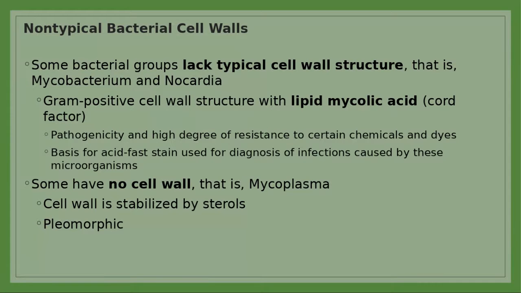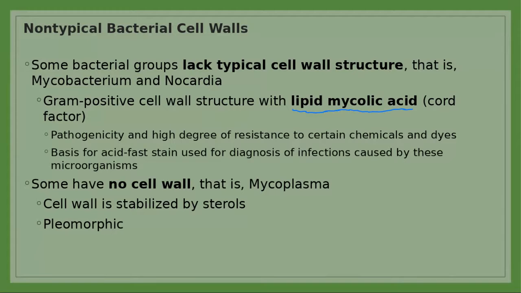For example, TB bacteria, tuberculosis bacteria. They do not have peptidoglycan. Their cell wall consists of lipid mycolic acid, which is difficult to stain with the gram staining. It means you will not be able to tell whether they are positive or negative.